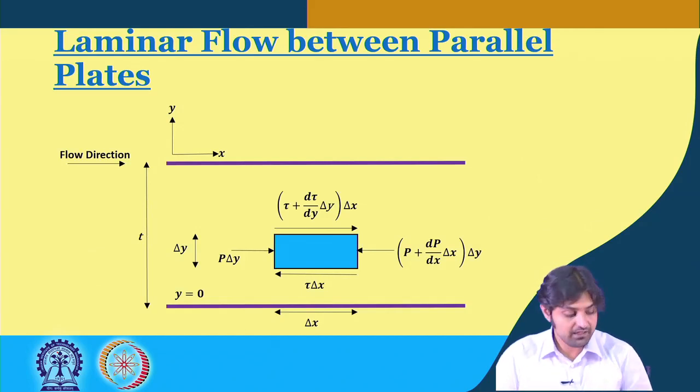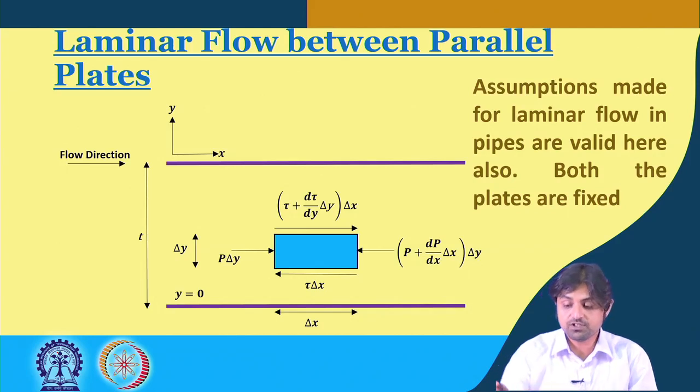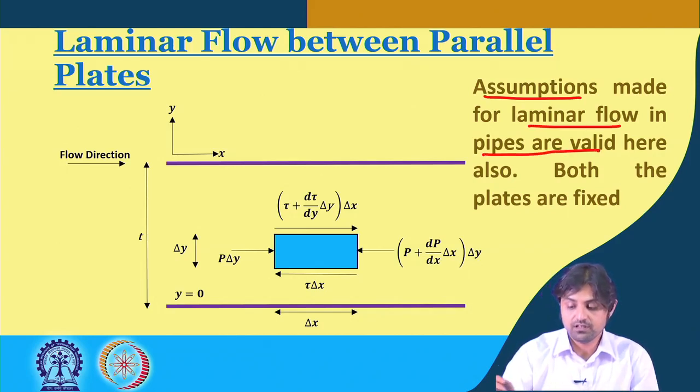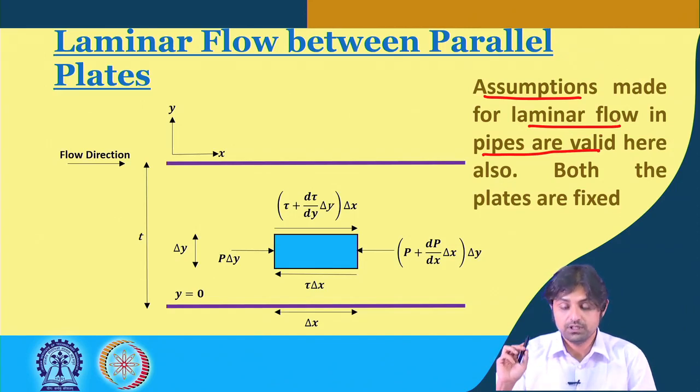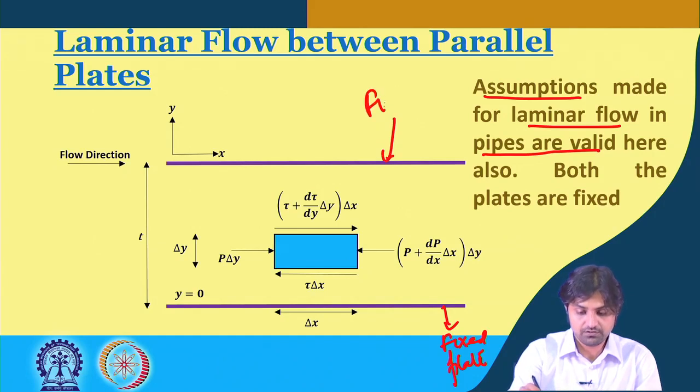So, this is a parallel plate. Whatever assumptions that we have made for laminar flow in pipes are valid here also. In this case, both the plates are fixed plates.